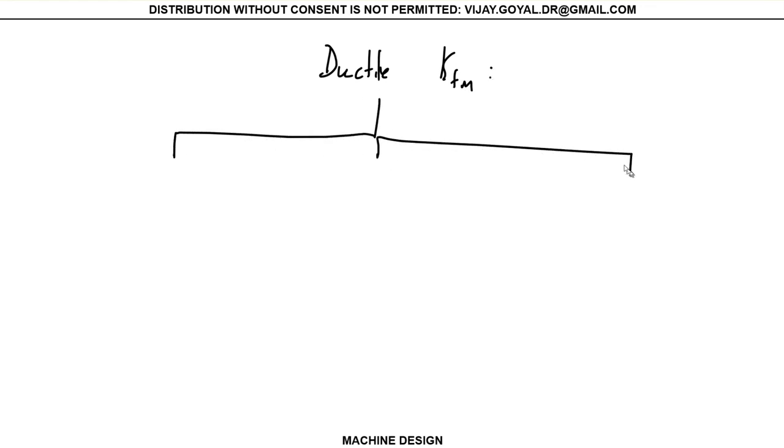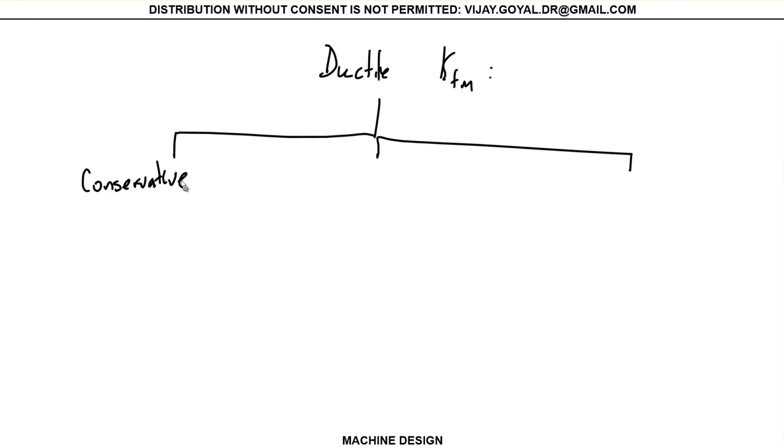So I am going to create for ductile materials, KFM is different. And we got three case scenarios: case one, case two, case three. This is the conservative approach. Again, conservative means that you're putting an extra burden to the structure, and your structure will be thicker, that you're going to have more size.